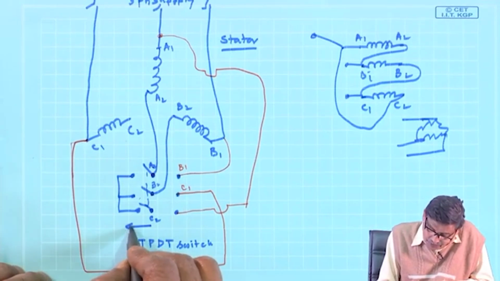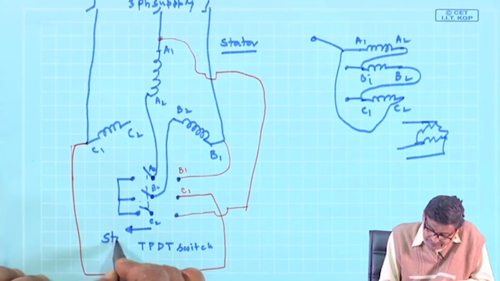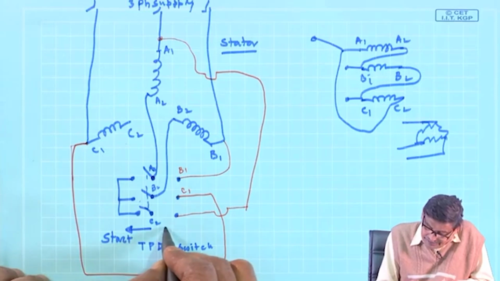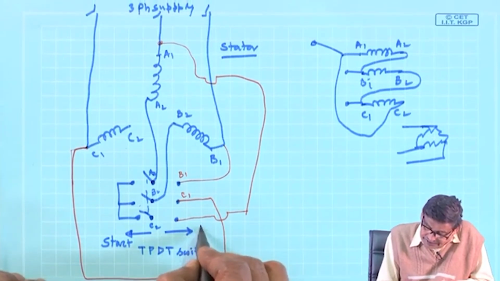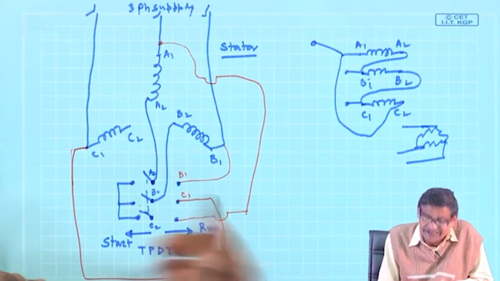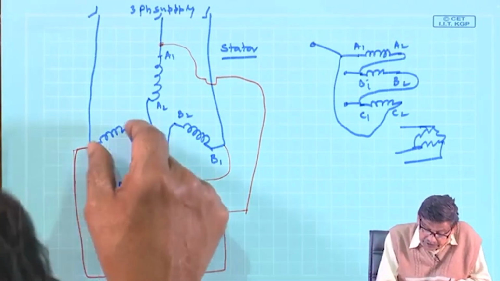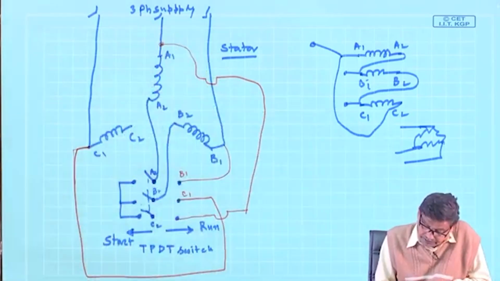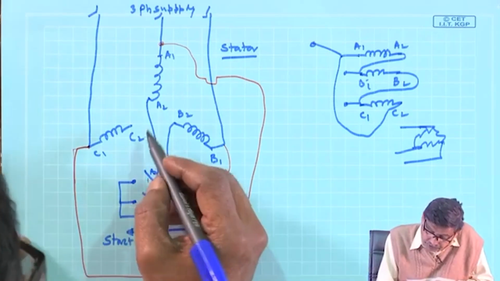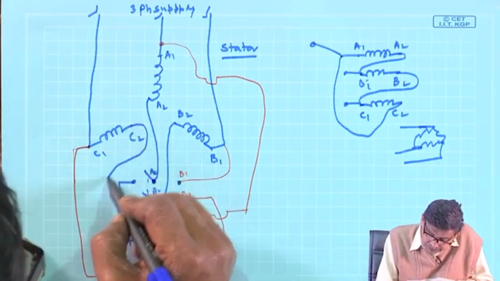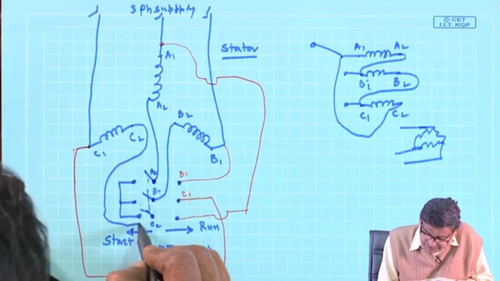This side if you operate it is start, and if you move to this side it is run. A star delta starter can be nicely implemented provided all the 6 terminals are available, otherwise you cannot do anything. Oh, I forgot to connect this C2 here; A2, B2 and C2 are here.